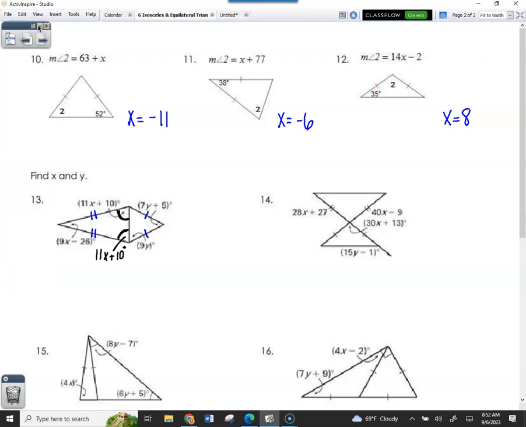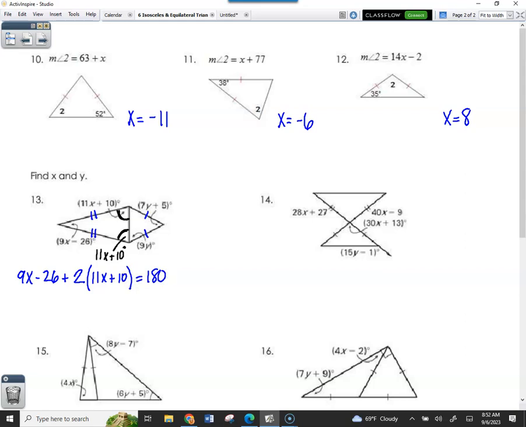So one technique is you say, okay, I have the 9x minus 26 plus 2 11x plus 10s. You see it? And they have to add up to equal 180. That's a shorter equation.